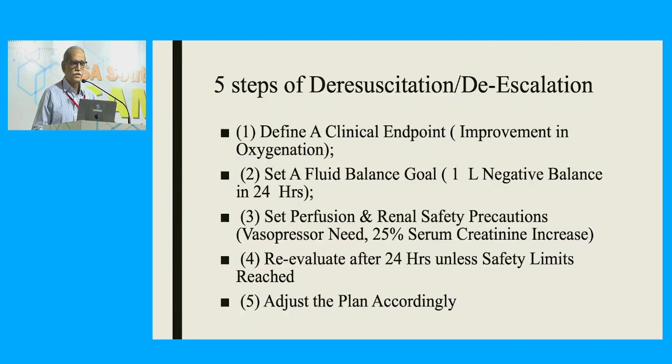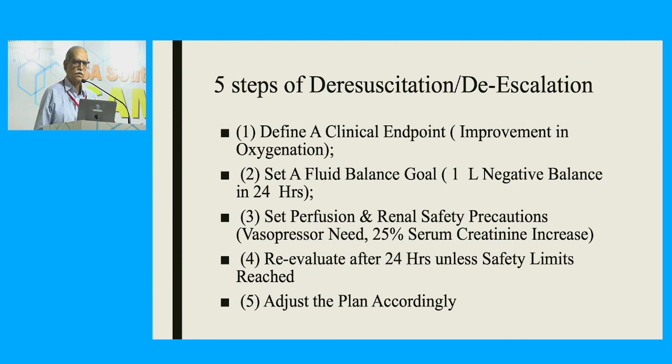So what are the 5 steps that you have to follow? First of all, define a clinical endpoint. The clinical endpoint is usually the improvement in oxygenation, or you can set a fluid balance goal, like 1 liter of negative balance in 24 hours. You can set perfusion and renal safety precautions.